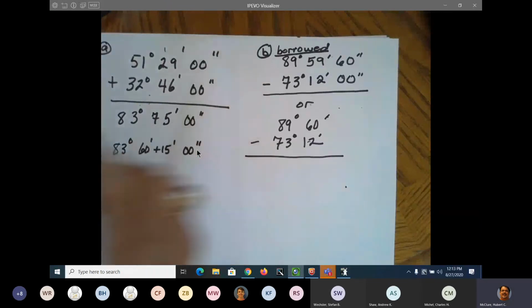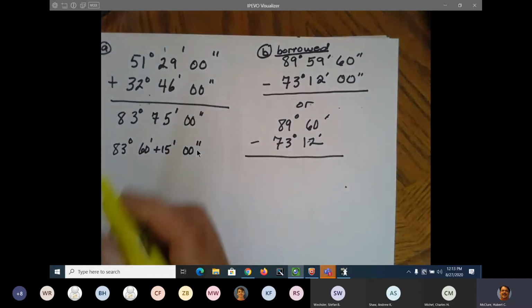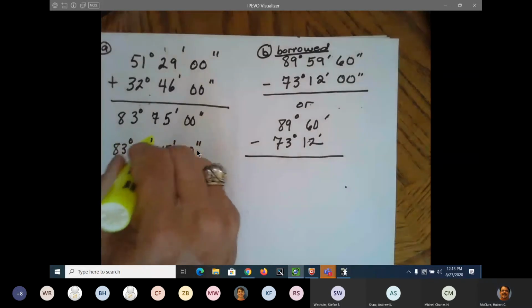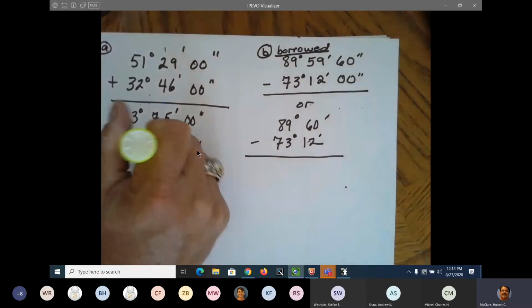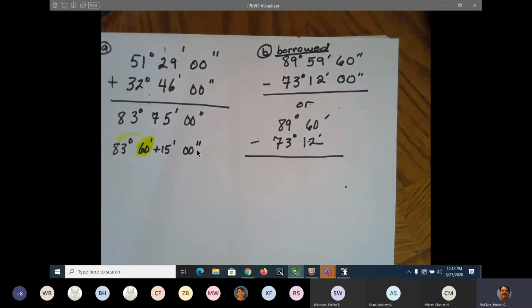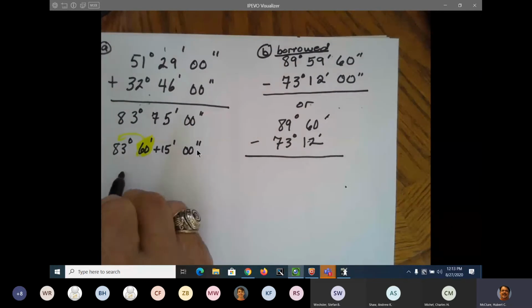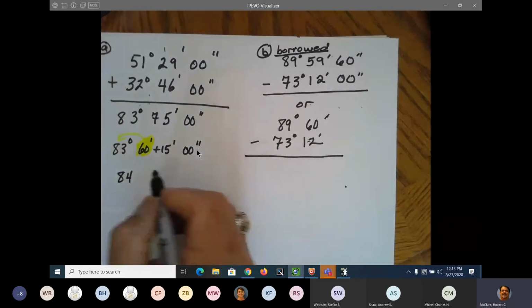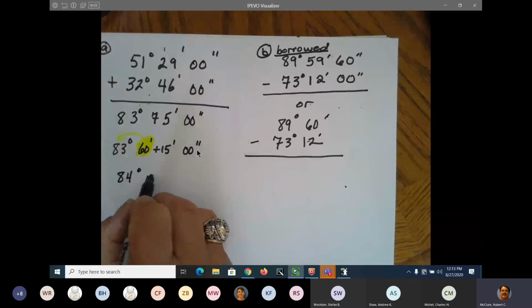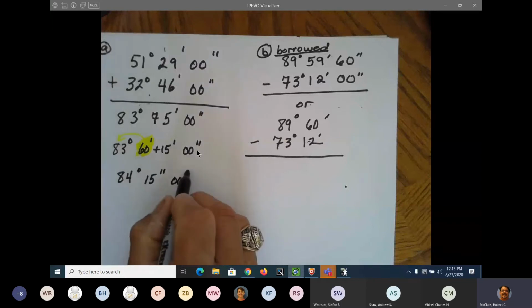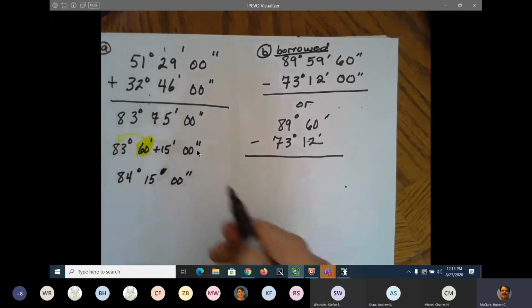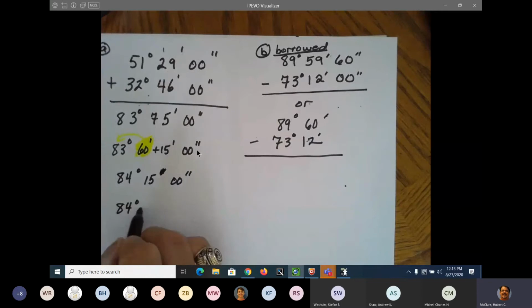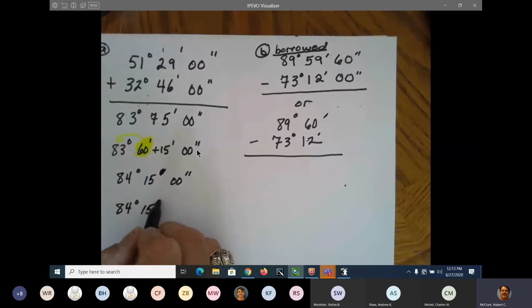And that 60 minutes becomes a degree. So that's going to bump this one up to 84. So your answer is 84 degrees, 15 minutes, 0 seconds, or 84 degrees, 15 minutes.